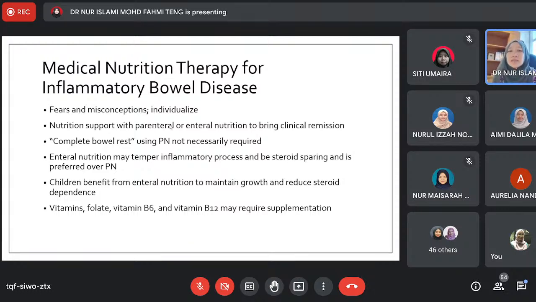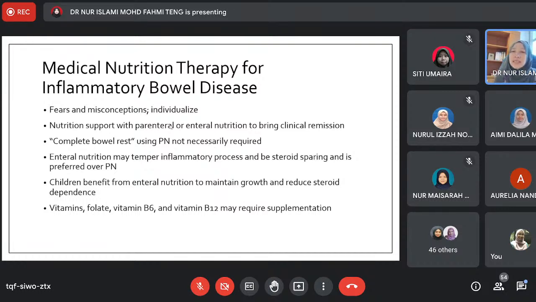Those with IBD may need increased protein. We suggest small and frequent meals, on a low residue and also lactose free diet. And of course we need to assess for micronutrient deficiency as well.